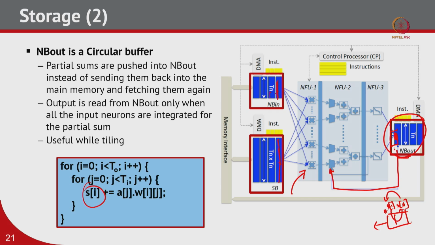And when S0 comes here, it is the time to add with respect to S0, because at that time we have already fetched the next tile. Remember, S0 and S1 are the partial sums. That is why, if we have this circular buffer, we do not need to put these partial sums back into the memory; rather we can seamlessly add to get the final output. This is very useful when we are performing tiling, right.